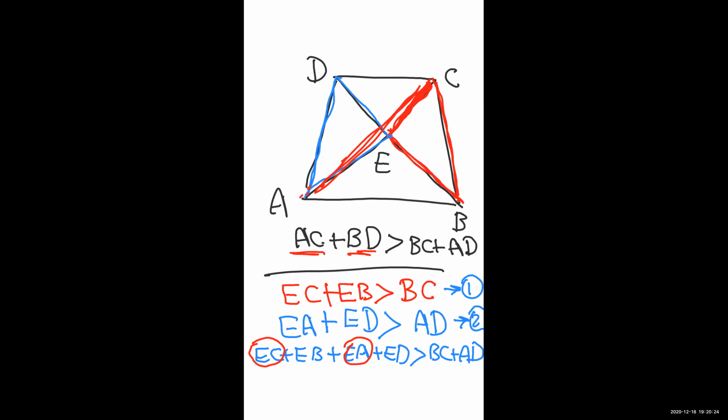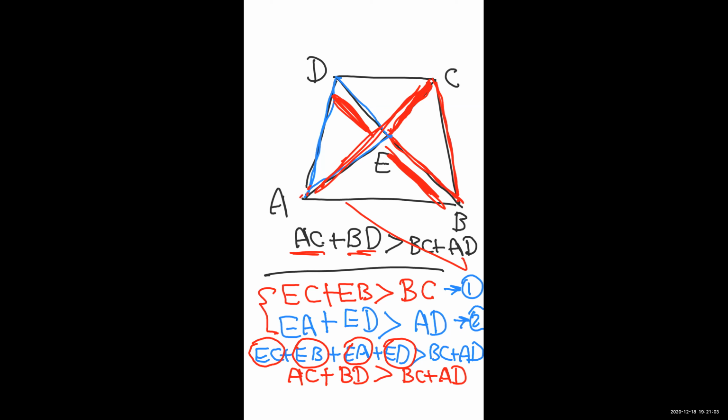So this means AC, plus EB and ED, this one and this one, which is actually BD, is greater than BC plus AD, the required. Now, is it clear? I just added the two relations.